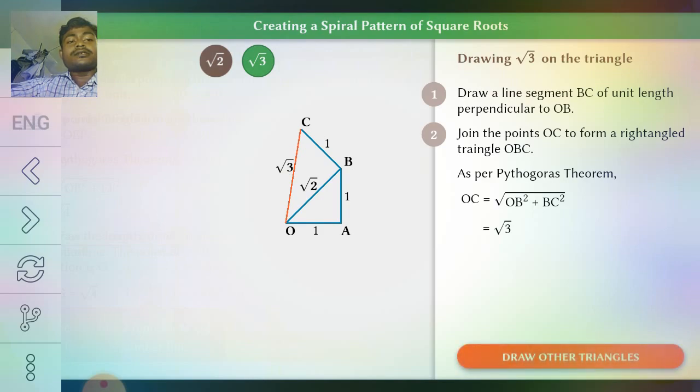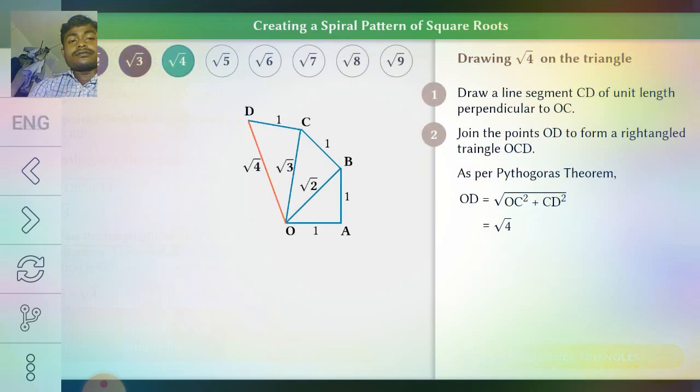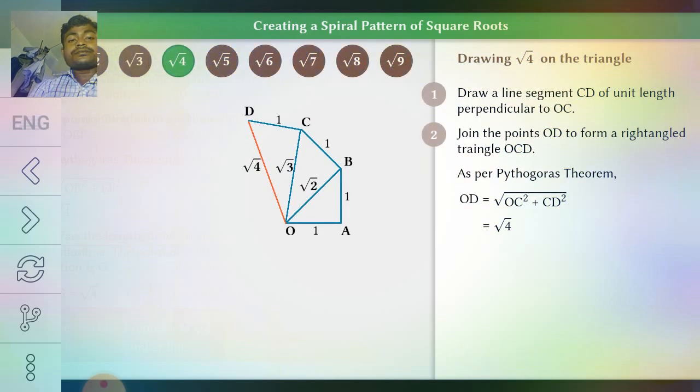As per the Pythagoras theorem, OC equals the square root of OB squared plus BC squared, which is root 3. You can also draw other triangles such as root 4, root 5, root 6, root 7, root 8, then root 9.